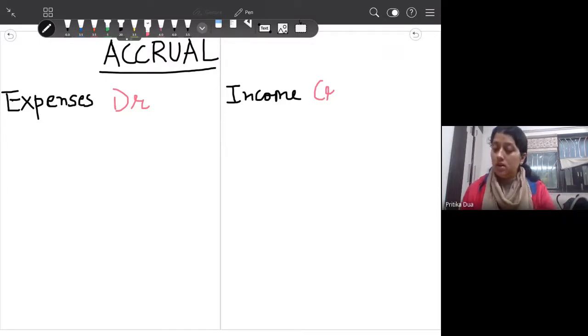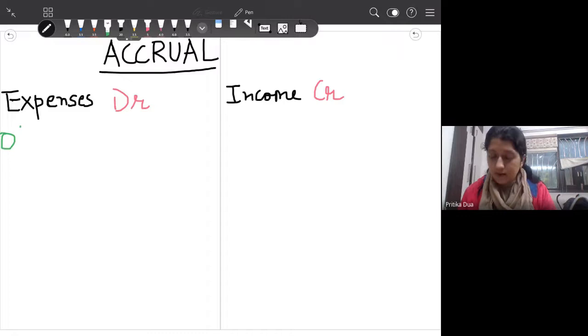Now, when the payment has not been made or when some payment has been made in advance, then how does the accrual concept come into the picture? Now there can be two cases under expenses.